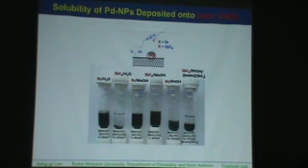With the hydrophobic anions, these are not dispersed in water, but they are dispersed in methanol or ionic liquid. So you can control the dispersion of this CNT metal nanoparticle composite simply by varying these anions.